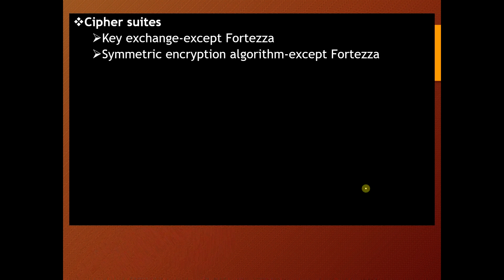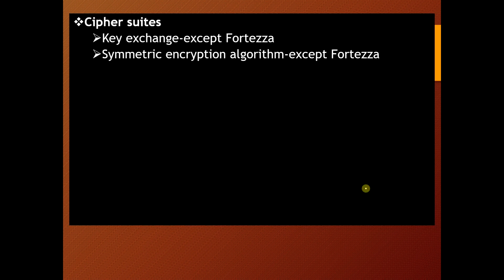Now there are other differences also when you talk in terms of TLS and SSL, and one of them is the cipher suites. Basically the cipher suites define the encryption and hashing functions that will be used by the connection once the handshake concludes, as well as the key exchange method used during the handshake.